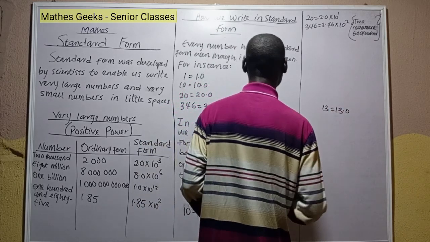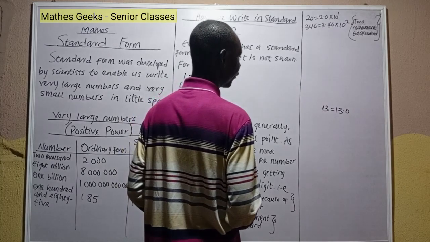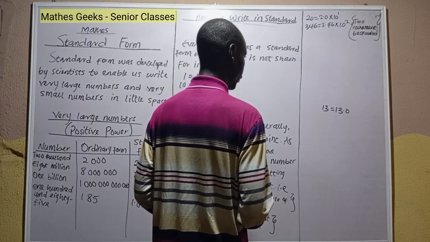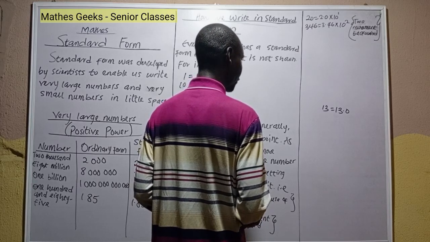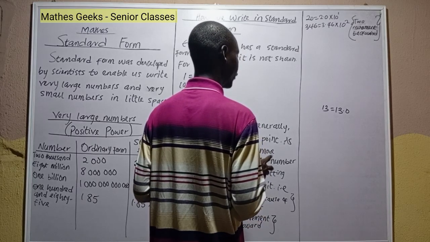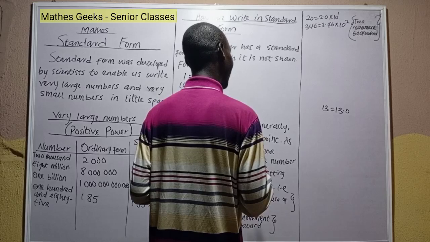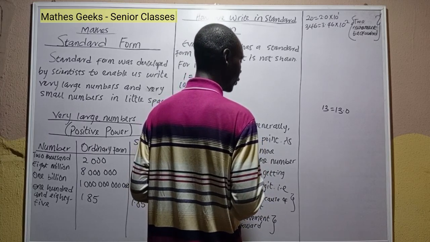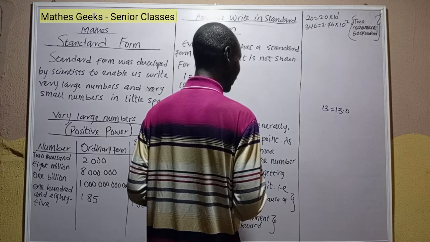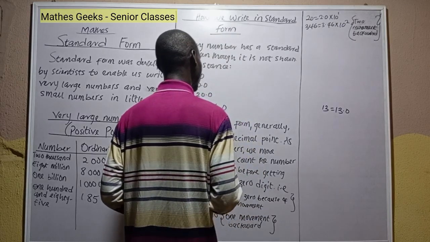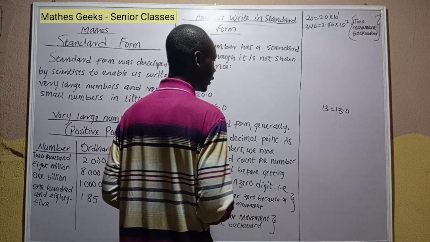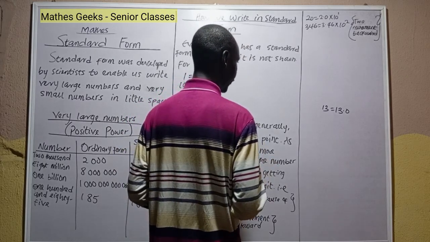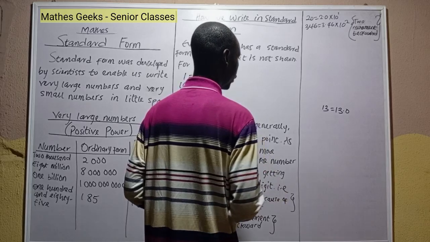Usually the rule is you move the decimal point as many times as possible until it gets to the first and the second significant figures. You must move the decimal point until it gets to the first and the second significant figure, and you put it between those two numbers.